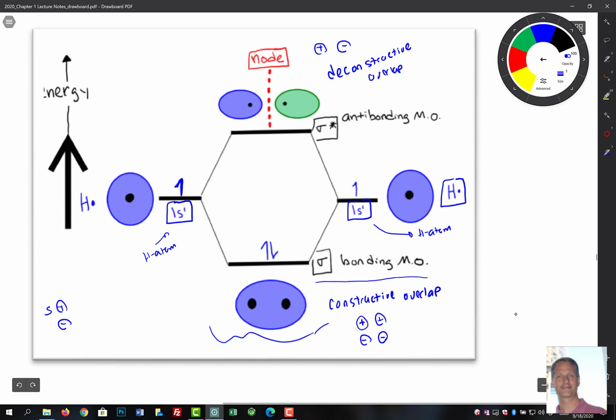overlap. And notice here, by the way, that we're starting off at our ground state right here. So this is our ground state, right? In other words, that's the energy of just the s orbital of the hydrogen atom.